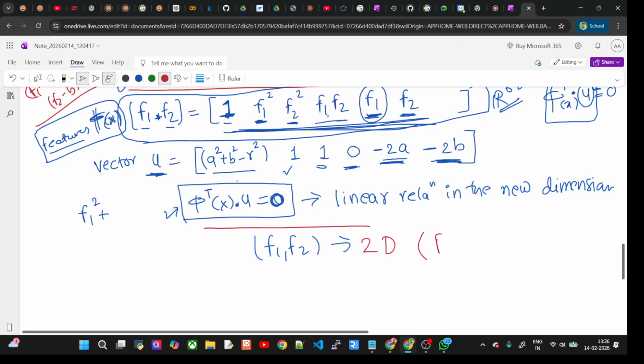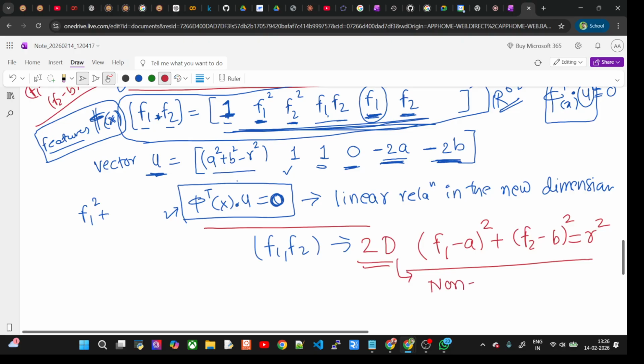The relationship was (f1 minus a) whole square plus (f2 minus b) whole square equal to r square. Is it linear or non-linear? It is a non-linear relationship. That's fine.